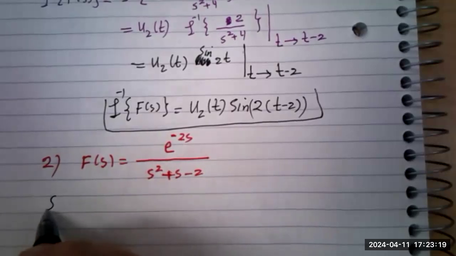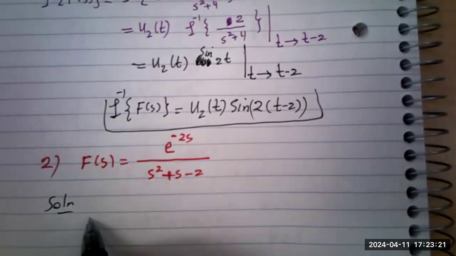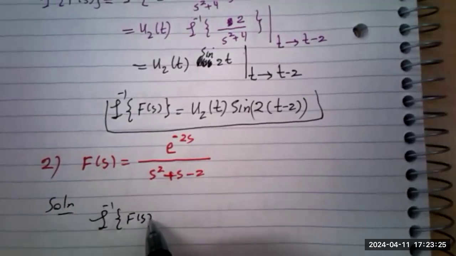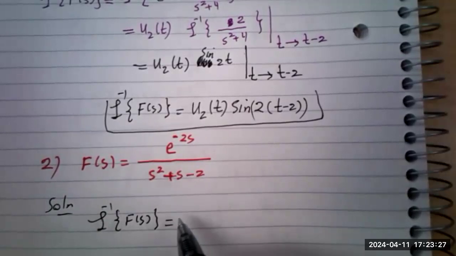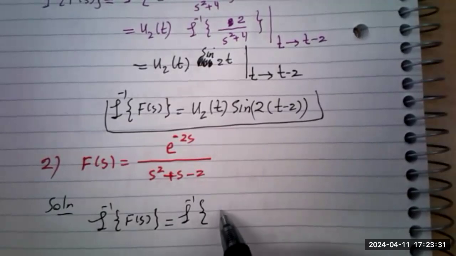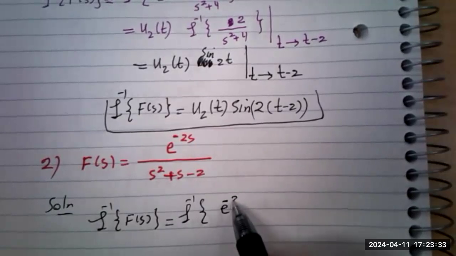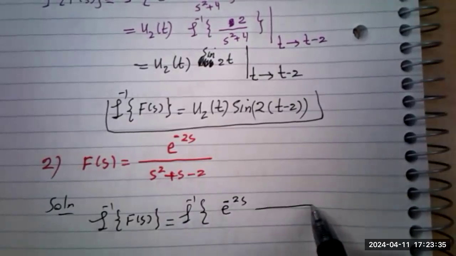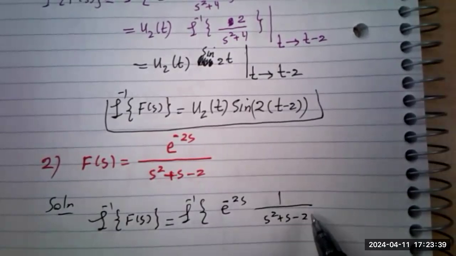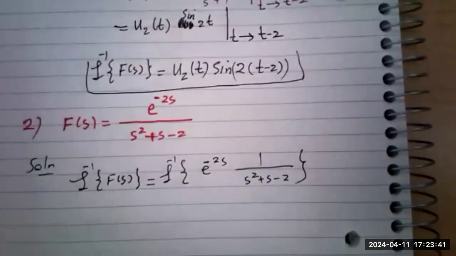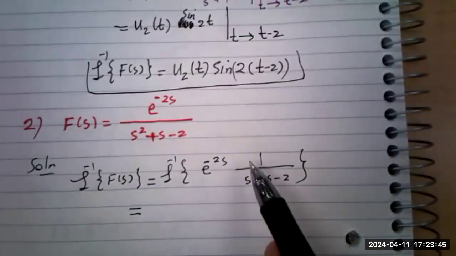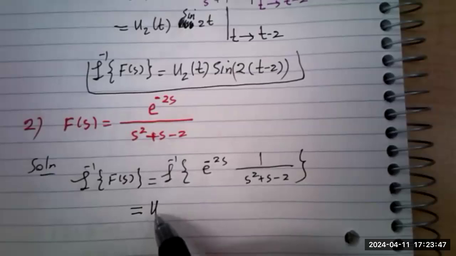So, solution. We'd like to find the Laplace inverse of F(s). You can do it right away or just remind yourself that I'm going to rewrite this one as e to the negative 2s times 1 over s squared plus s minus 2. So far, this is going to be equal to, because of e to the negative 2s, u2(t).